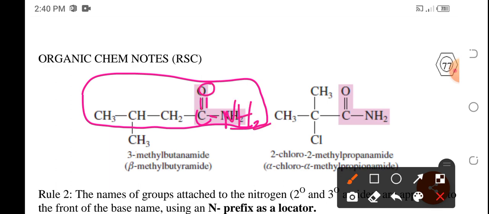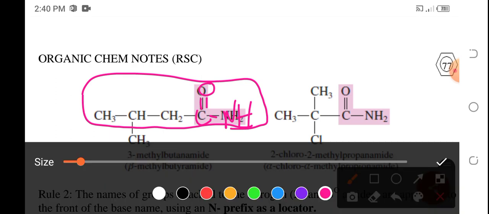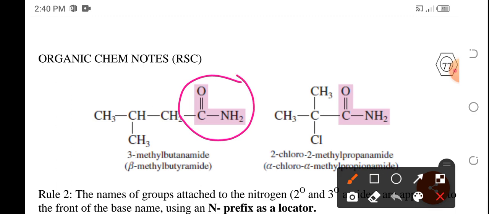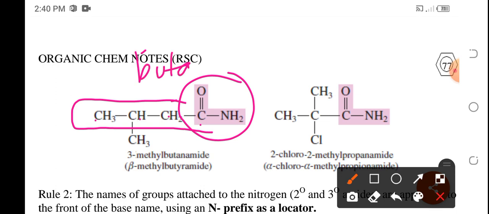That should always be included in the counting of the parent chain, and that would be carbon number 1. Then, take the straight chain. This one will have 4 carbon atoms. So, originally, that is from butanoic acid.